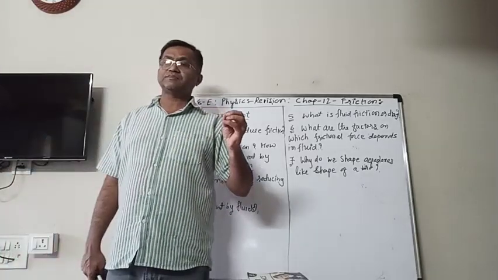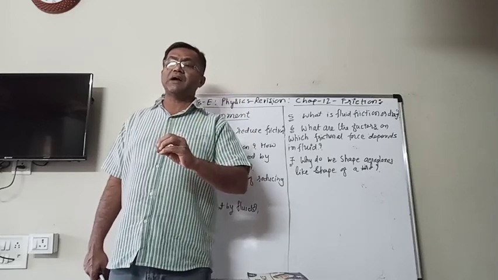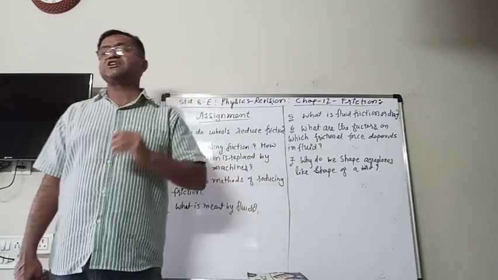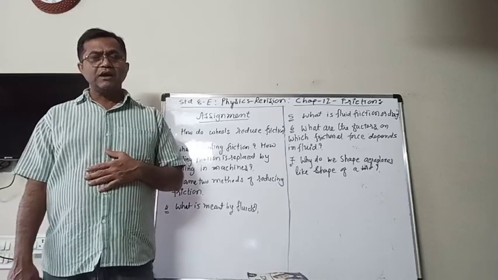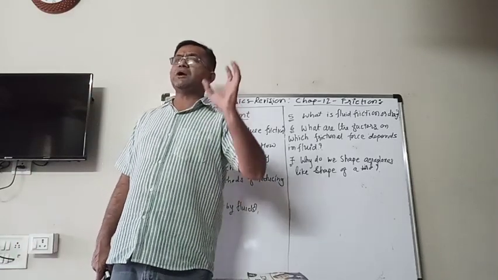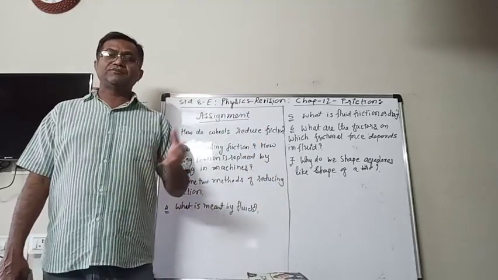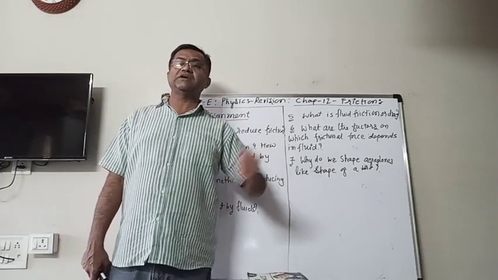And we saw that sliding friction is less than static friction, because it is easier to move an object which is already in motion than to bring it from rest into motion.